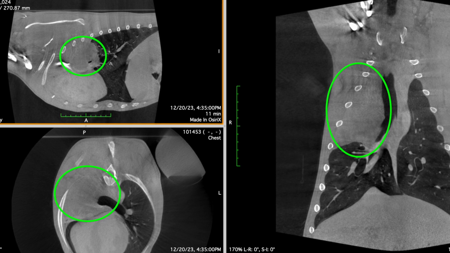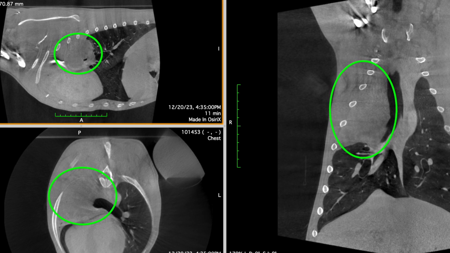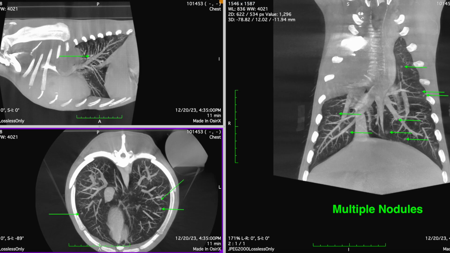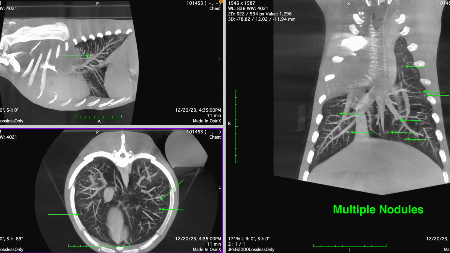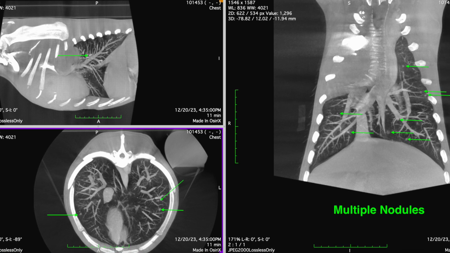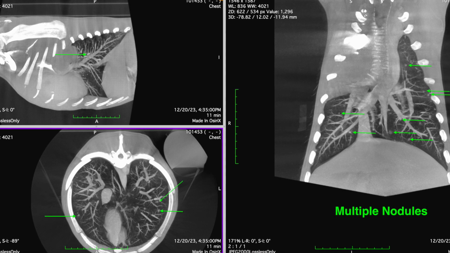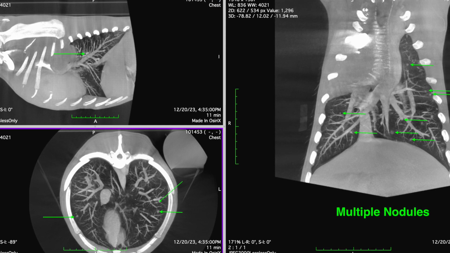But the images are going to show both this mass and also the nodules. And we're going to see these in our multiplanar review scan with all three of our 2D images on the screen.